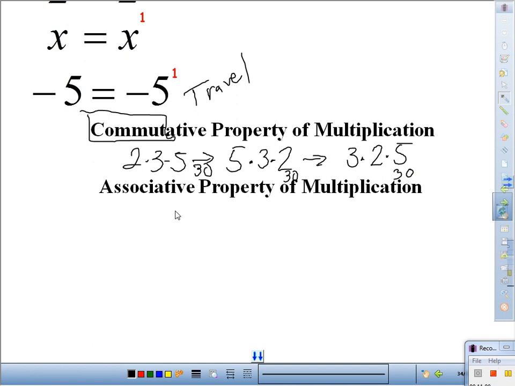All right, also, the next property, the associative property of multiplication. Associative comes from the root word associate. And by now, you should be experts at that, right? So, for example, 2 times 3 times 5.